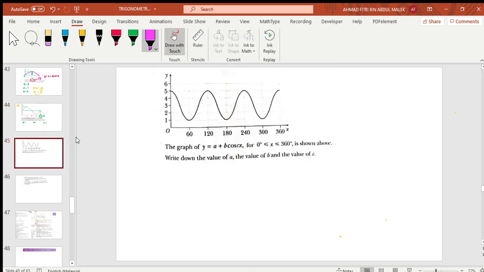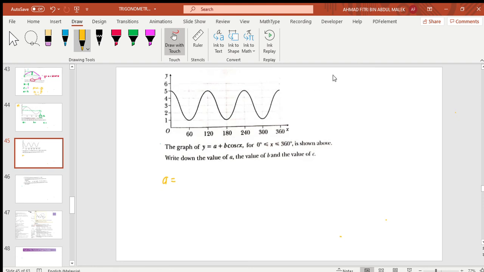Okay, now we look at this graph. This is a cos graph. So cos graph, the graph is A plus B cos CX. Okay, kita start dengan A. Tak nak start dengan A pun tak apa.